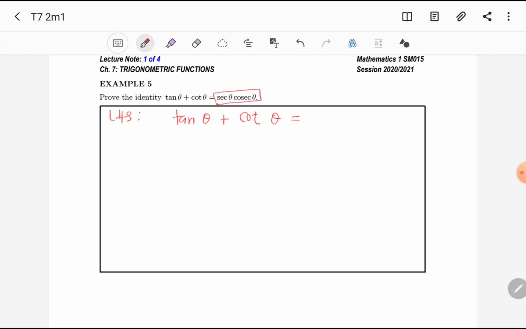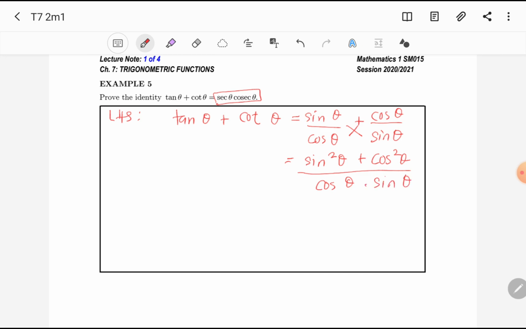Okay, so kita akan start from left hand side. Okay, tangent is sin theta over cos theta plus cotangent is, yes, cos theta over sin theta. So by equating the denominator, okay, kita samakan penyebut, so we will get sin squared theta plus cos squared theta divided by cos theta times sin theta.